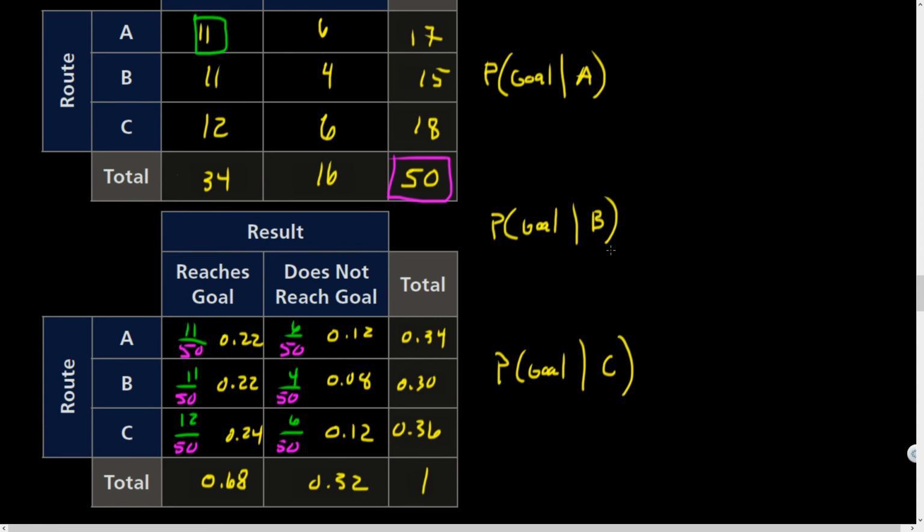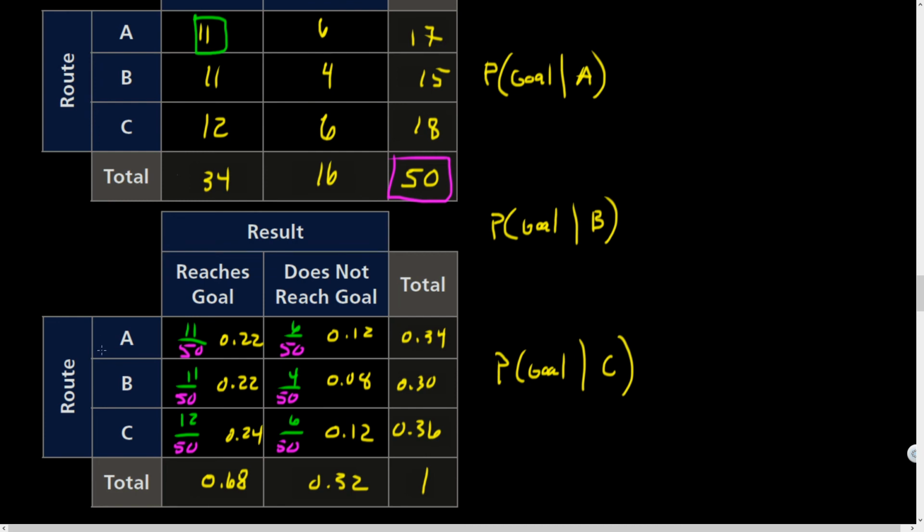And so let's figure this out. The probability that he reached his goal and it was route A was 0.22. Oh, and since all of these are with respect to reaching goal, oh, no, it's given by route.